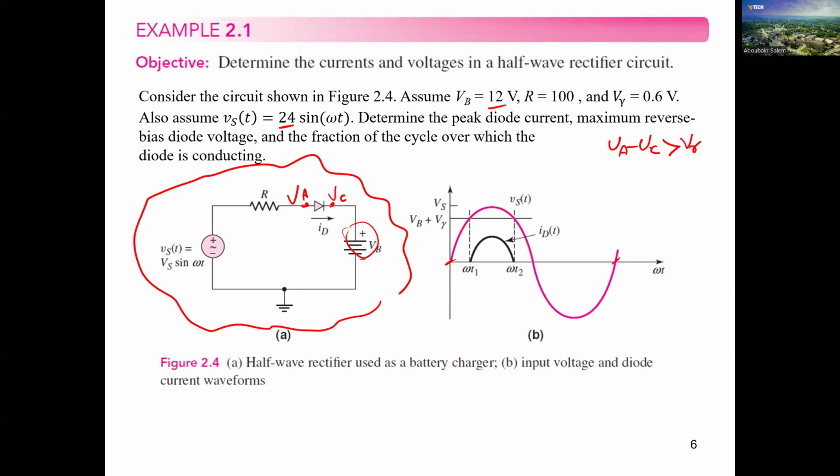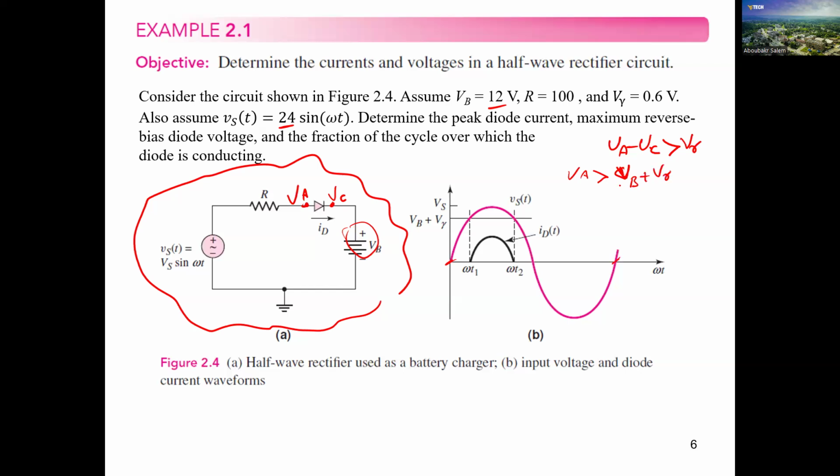Now, what is the value of the cathode voltage even if the diode is open circuit? The value of the voltage here, if this diode is open, will be V battery. So the condition to turn on this diode is VA should be greater than V cathode, which is the battery voltage, plus V gamma.